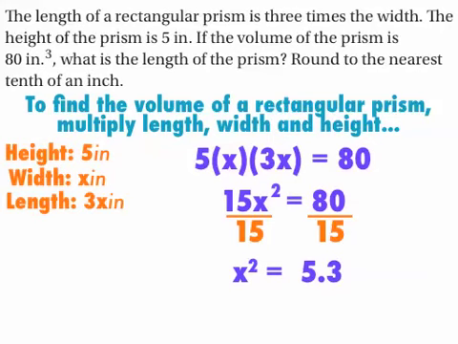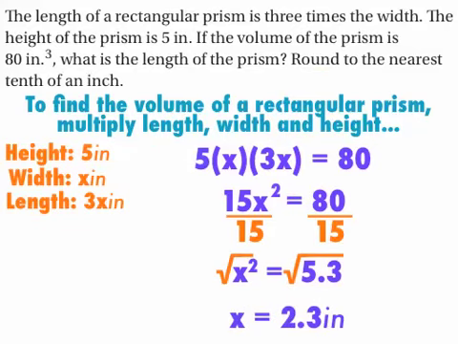Would it make sense to have a negative length of a rectangular prism? The answer would be no, it doesn't make sense, because there is no way to have a negative length. You can have no length, but you can't have a negative length. So use your calculator. You could plug in the square root of 5.3, which gives you x equals 2.3 inches.